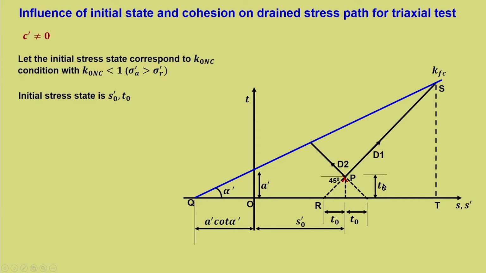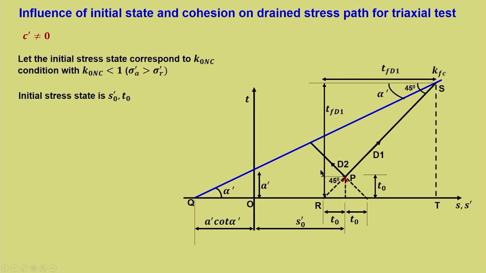It is TF, that is, the failure point in T. So, let us assume this point to be S and T. You drop a vertical from this particular point, so let it be ST. Now, we know that this angle is 45, this angle is 45, and this is alpha, and hence this is also alpha dash. This is TFD1, the strength corresponding to the stress path D1.